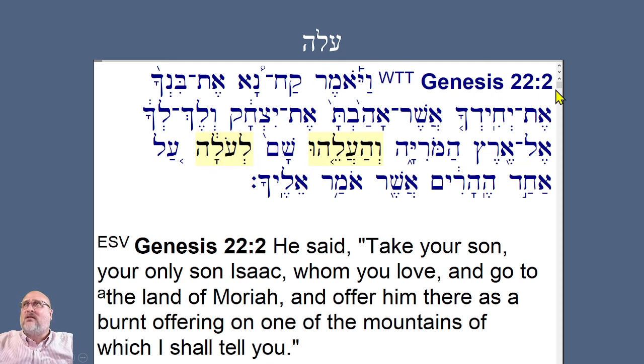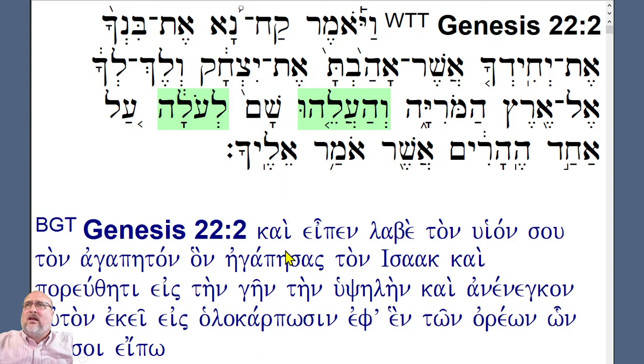The really interesting thing about this verse is if you look at it in Hebrew, the son of you, the agapetos son, verbatim, that's what God says of Jesus at his baptism, and I think at the transfiguration too. This is my son, my agapetos son. So referring back, this is going to be an important verse for us. If it helps us remember alah, that's going to be all the better.